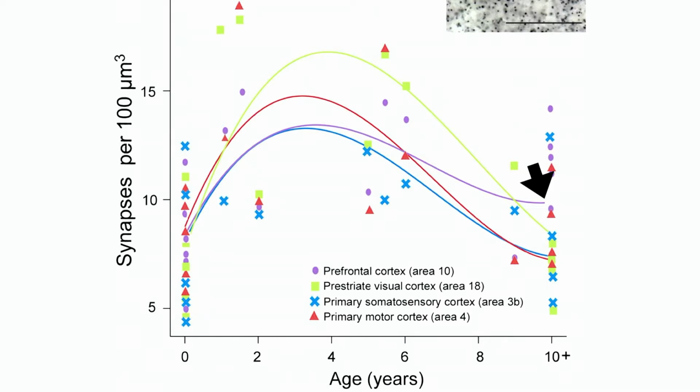This chart captures the prefrontal cortex, the visual cortex, the primary somatosensory cortex, and the primary motor cortex. A very cool chart that shows similar synaptogenesis and synaptic pruning happening during these ages.